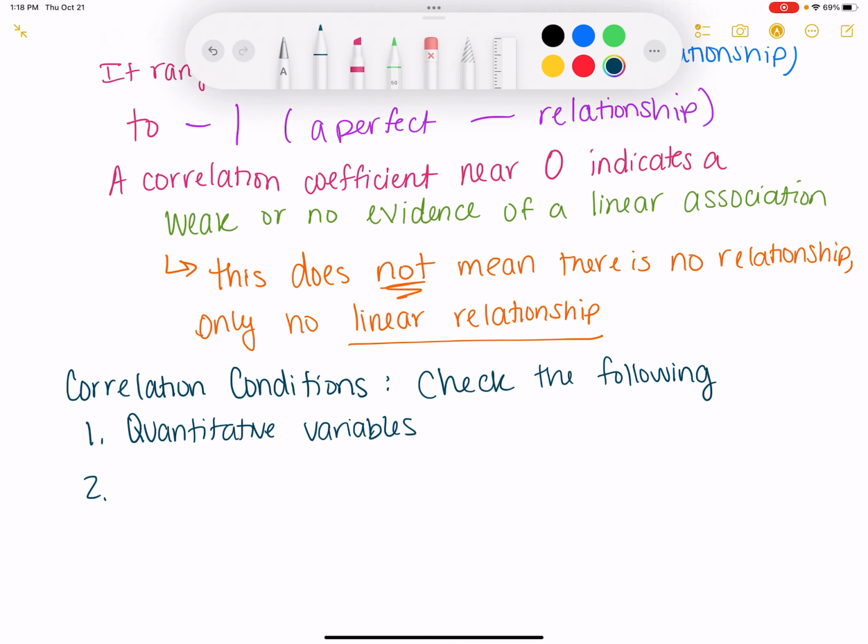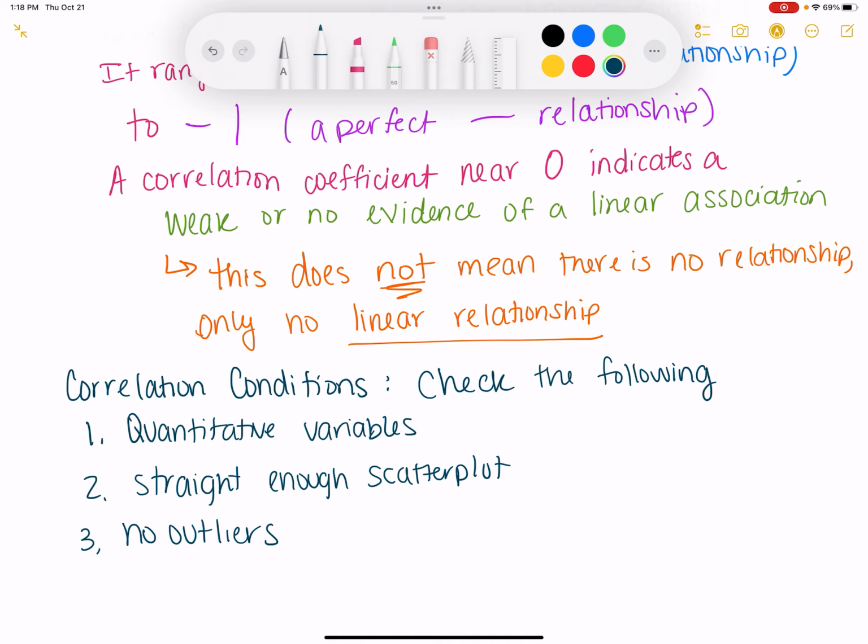Straight enough scatter plot. 3. No outliers. Okay? All of these are important.